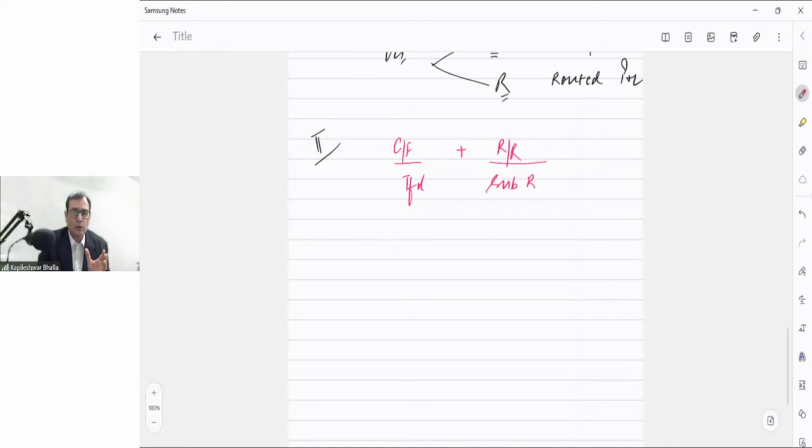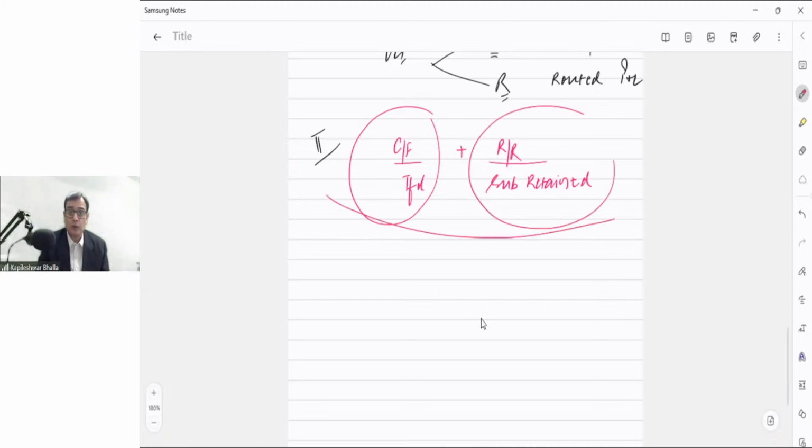Can I say this is the only case where the financial asset will continue in the books of accounts? There cannot be any other permutation combination. So we can say if the cash flows have been transferred, you pass the cash flow test, and the risk and reward is being substantially retained, this is the only case where the financial asset continues to appear in the books of accounts.